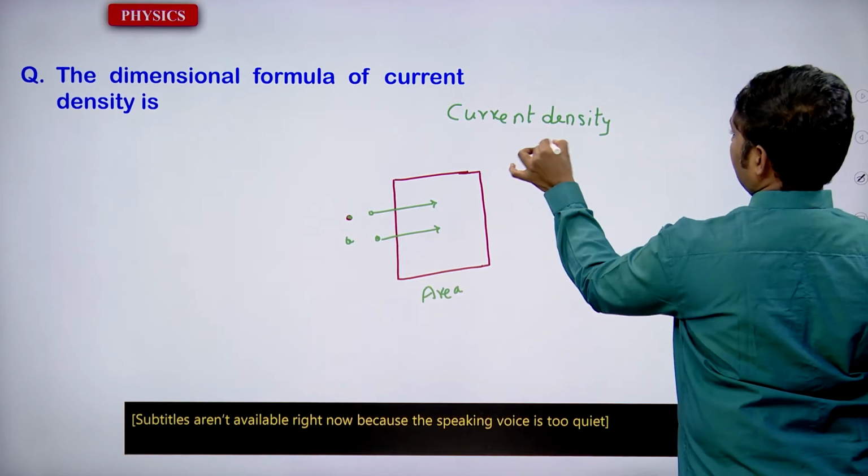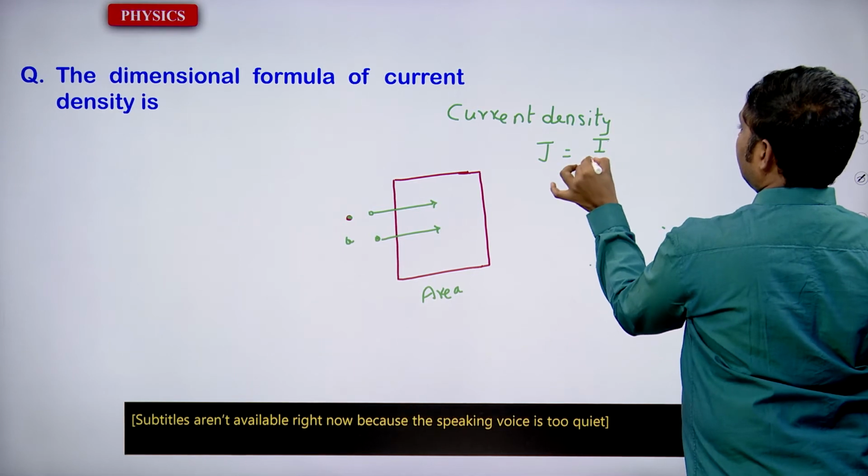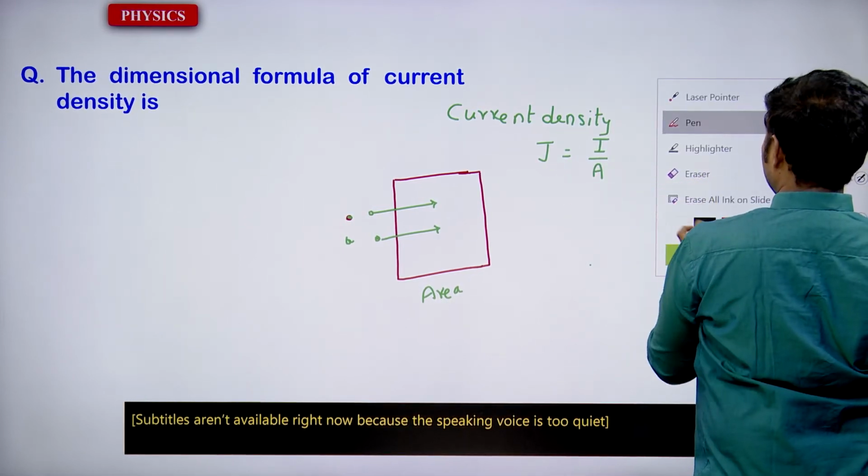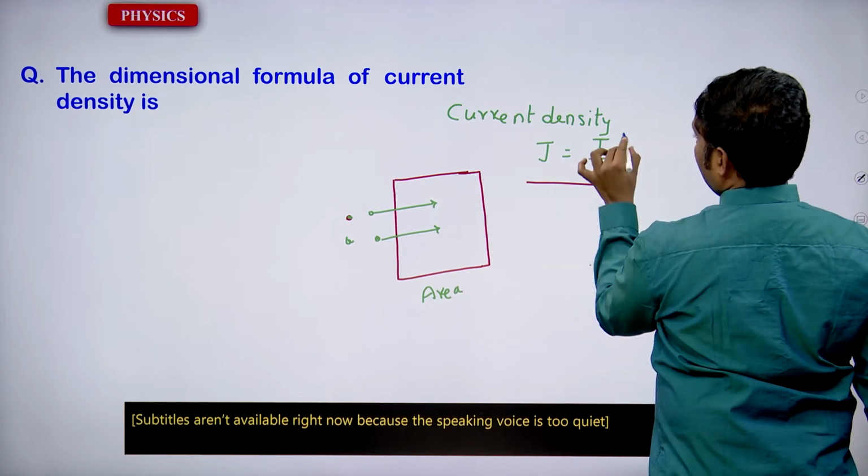That is going to be J is equal to I by A. Yes, you have to confirm this one.